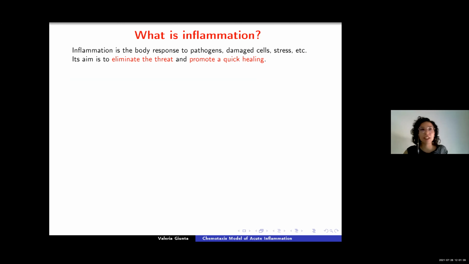So the inflammation is the natural response of your body when there is an external threat, for example, the presence of a pathogen. And in this case, your immune system activates a great number of pro and anti-inflammatory agents to eliminate this threat and promote a quick healing.